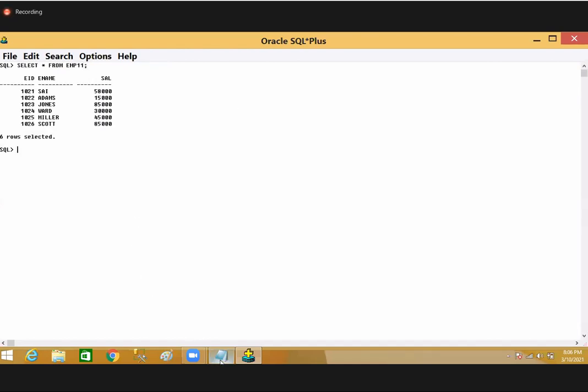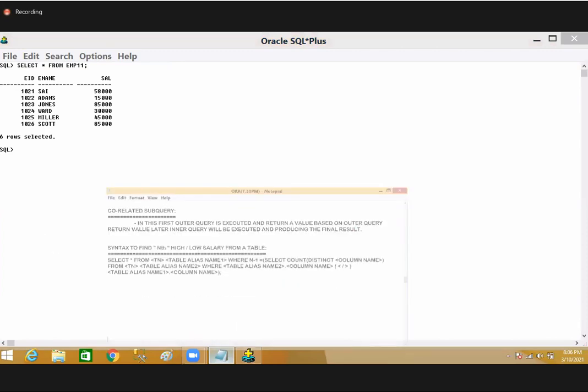On this table, let us find out the operations. What is my first example here?